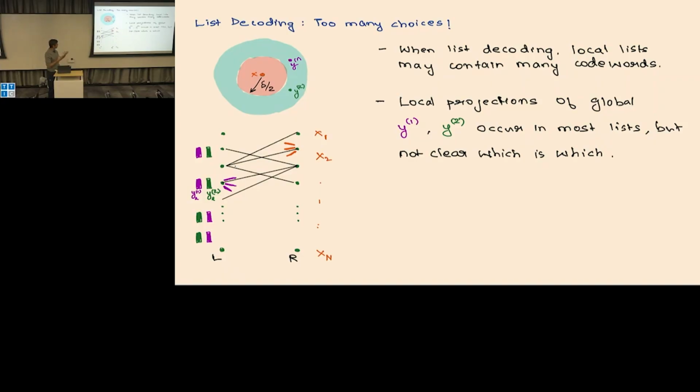But now the distance could be more than delta over 2, so maybe it will have to write down a list. Let's pretend that the lists are of size 2. The problem is already evident. Now everybody has two choices. There are 2 to the n ways of putting them together. Previously, 1 to the n is 1, but 2 to the n is a problem. So we don't know how to combine them.